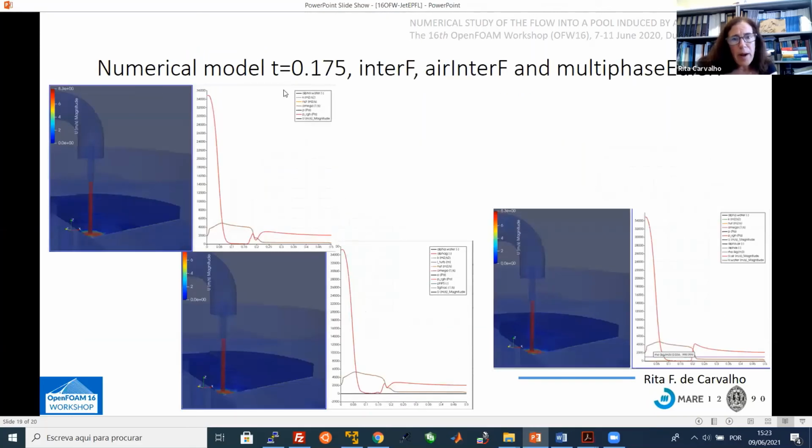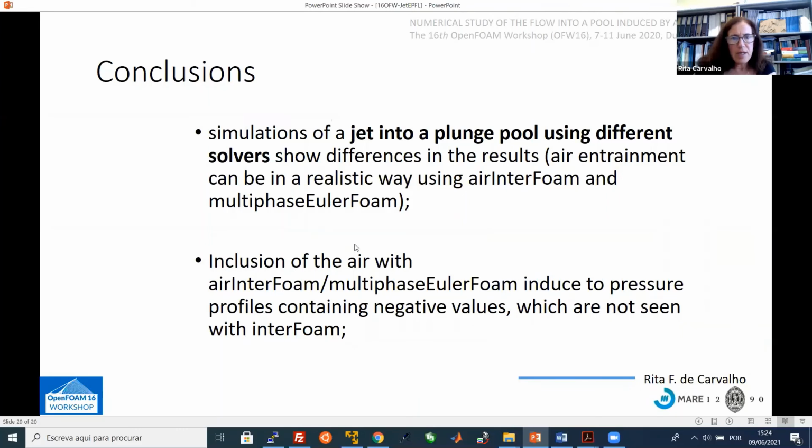If we compare at a later time, we also have some differences in the three solvers. So the pressure is not exactly the same, but is similar. But the differences are in the description of the jet falling and mixing in the pool. There's a negative part here as well.